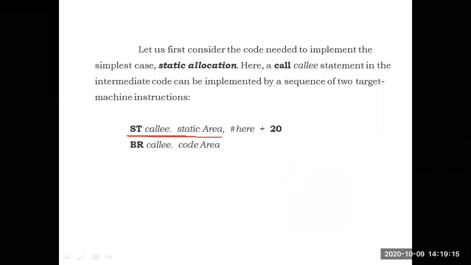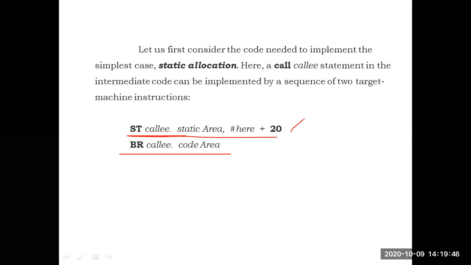First statement is store callee.static area, hash here plus 20. Second statement is branch callee.code area. By using these two machine instructions, the three-address code call callee can be implemented in the machine code like this: ST callee.static area, #here+20, and BR callee.code area.